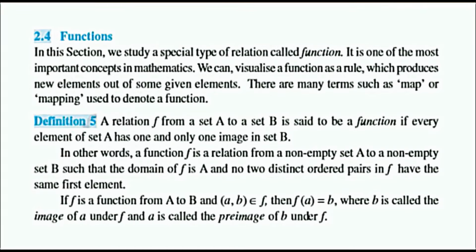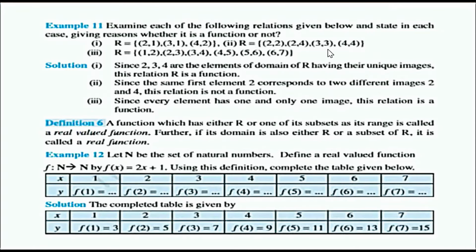As I indicated earlier, just understand what I am trying to say. This relation has 2, 3 and 4 as first values. The second value can be repeated, but the first value cannot be repeated. So this first R is a function.